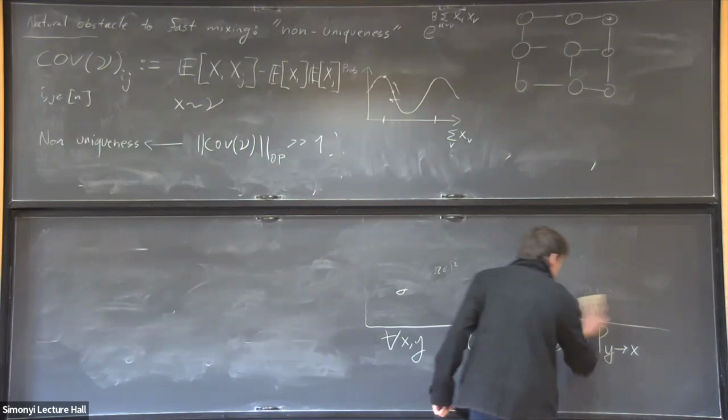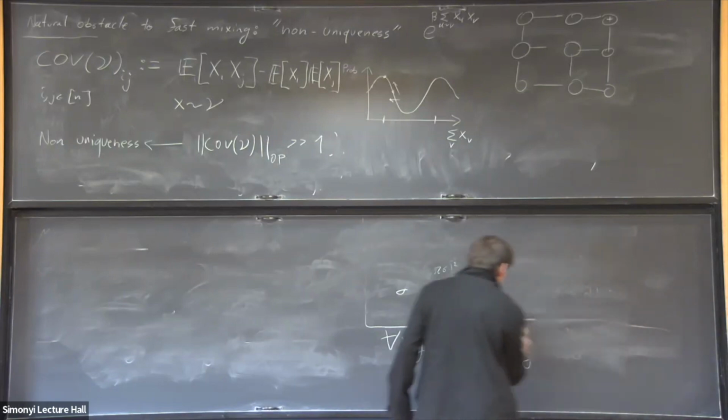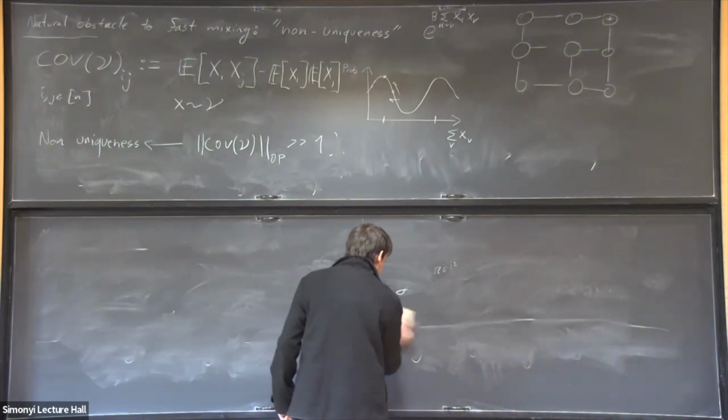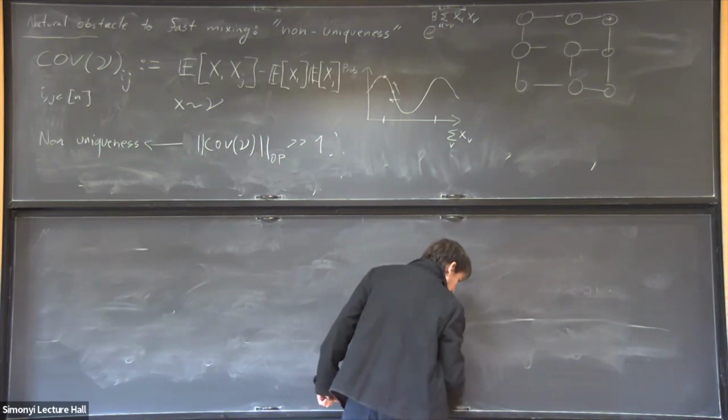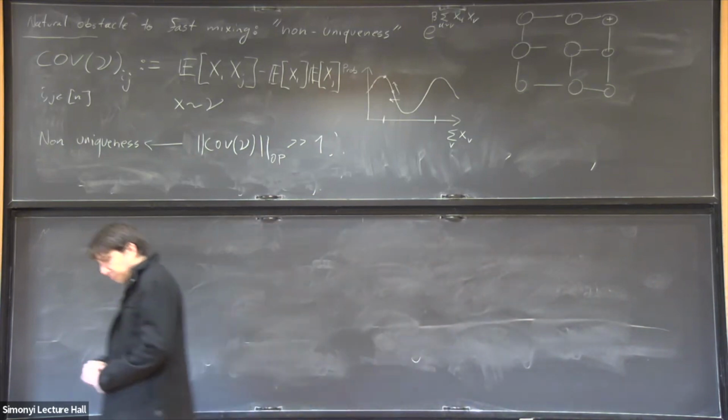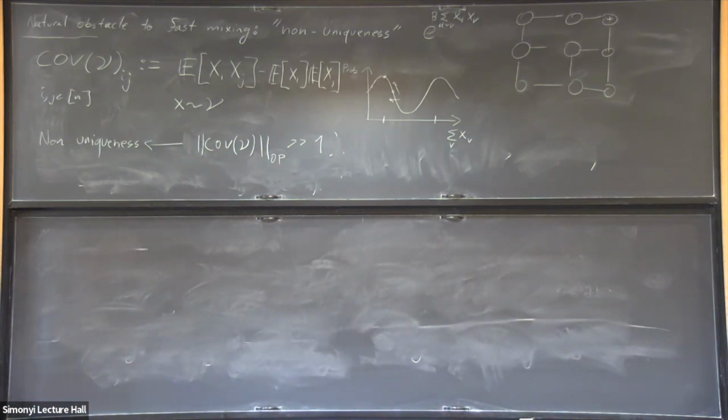In this correlation matrix, you ask what's the probability that one edge will be in the spanning tree given another. It turns out that they are negatively correlated, and that's the reason it was known 30 years ago that in this special case the Glauber dynamics mixes fast.